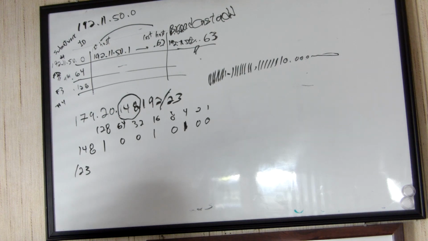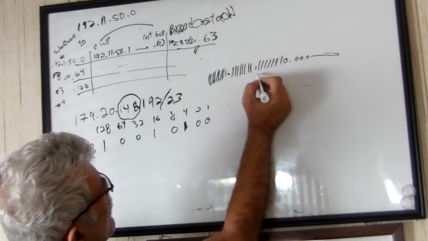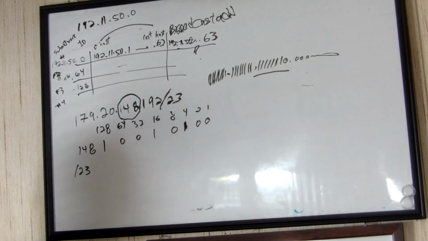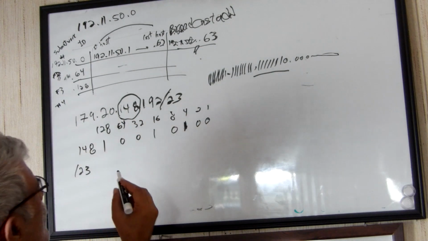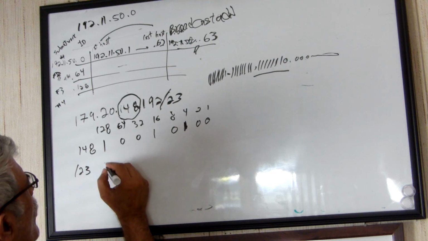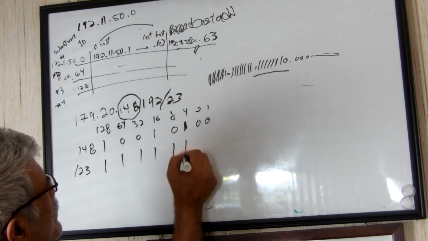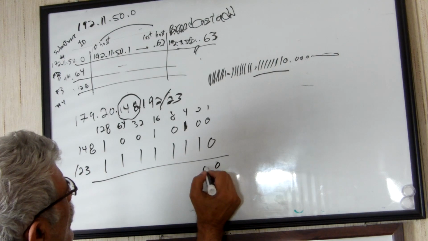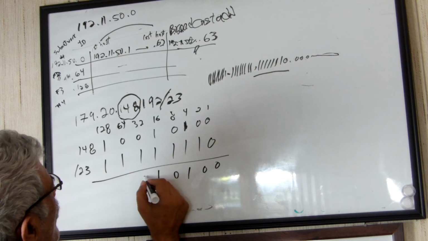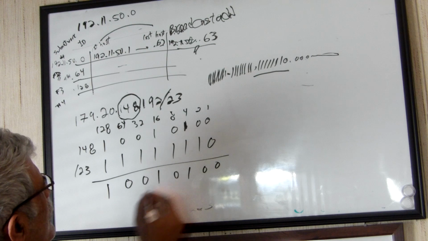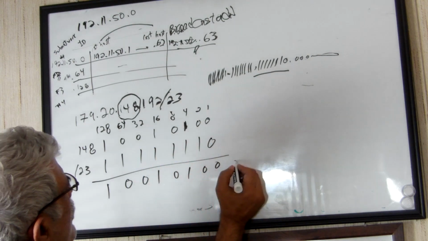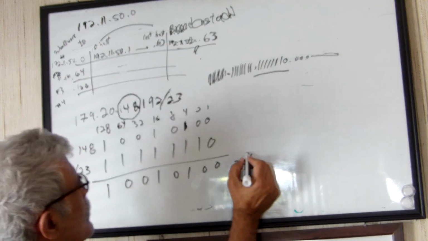And 23 is said on the third octet. So you write 1, 2, 3, 4, 5, 6, 7, 0, and then 128 plus 16 plus 4.